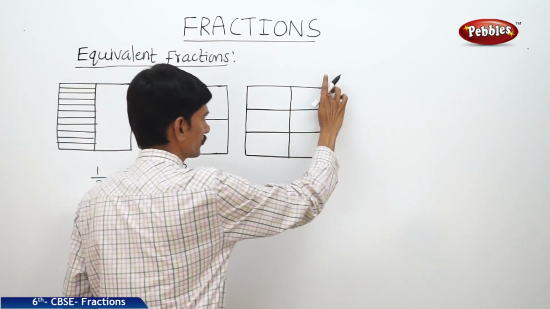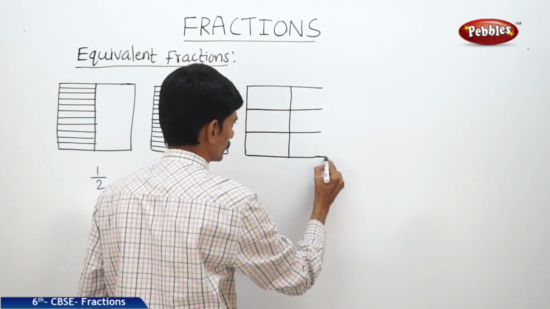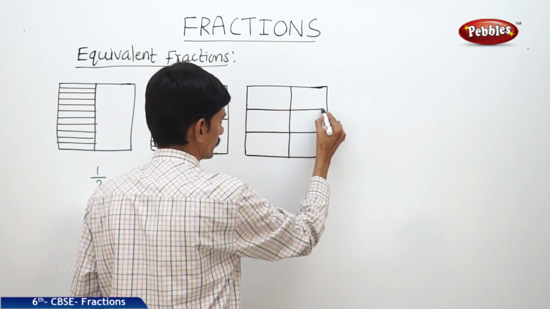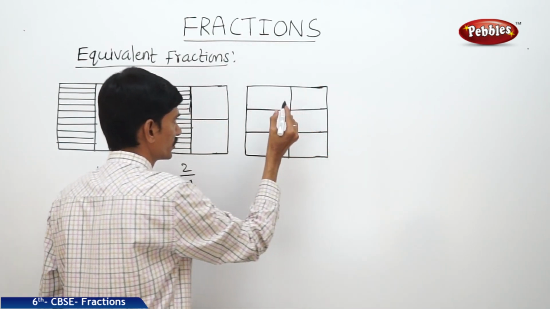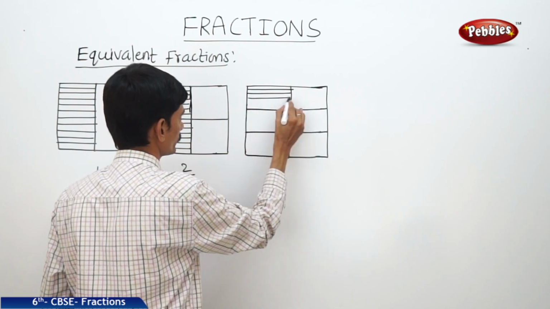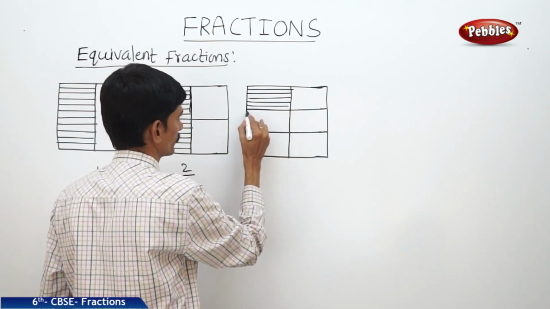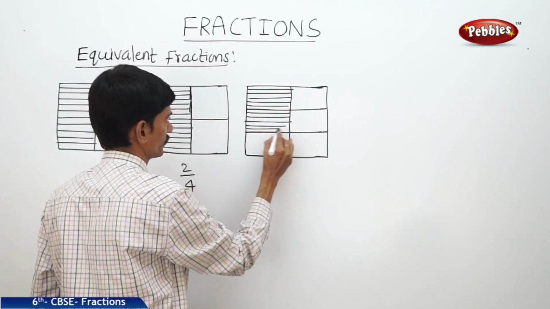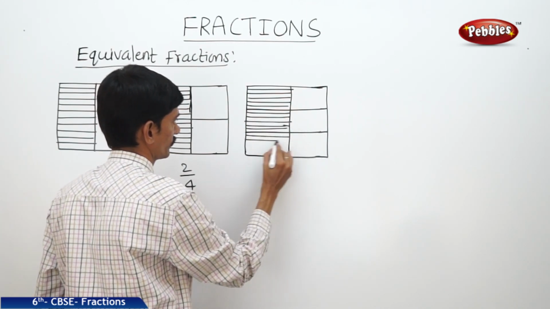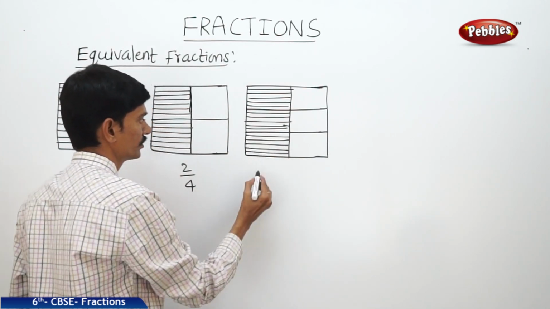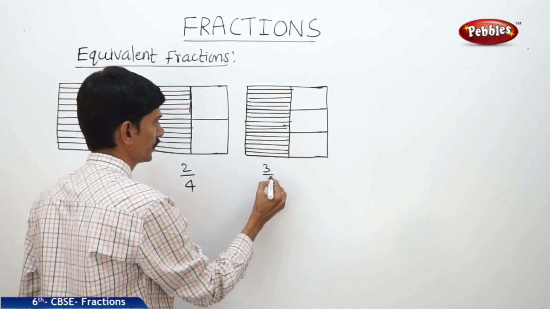So out of the 6 equal parts, here 3 parts are shaded. So this is 3 by 6.